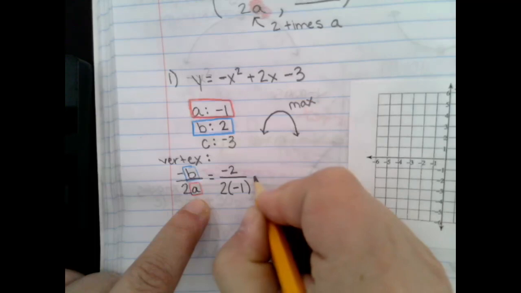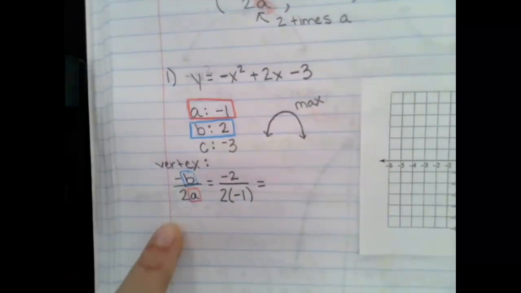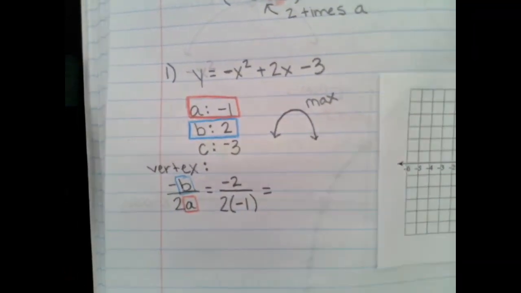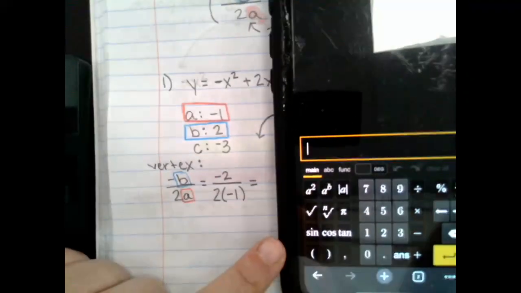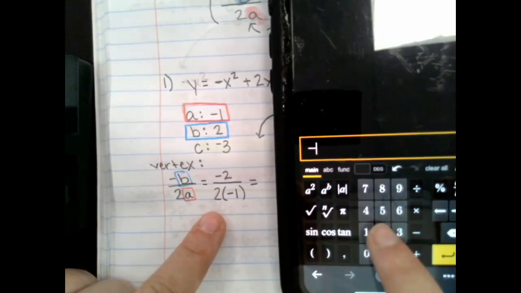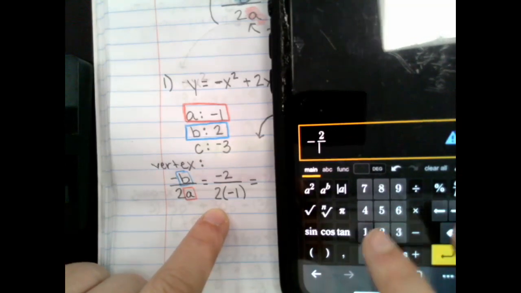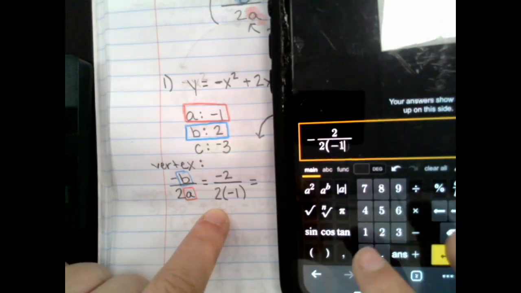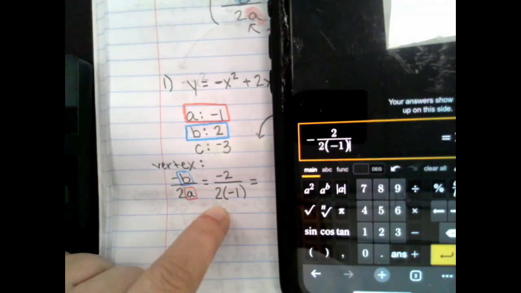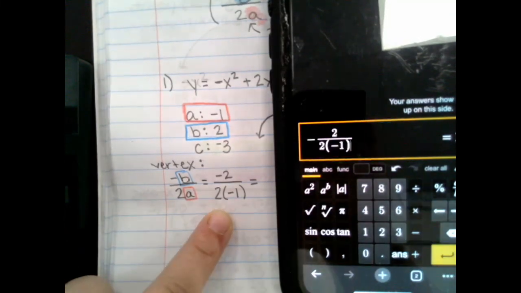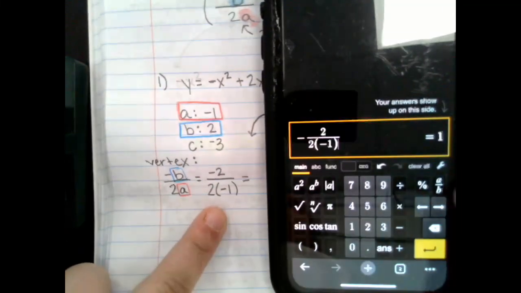Negative 1. All right, we can throw that in our calculator. Negative 2 divided by 2 times negative 1. And our answer is positive 1.